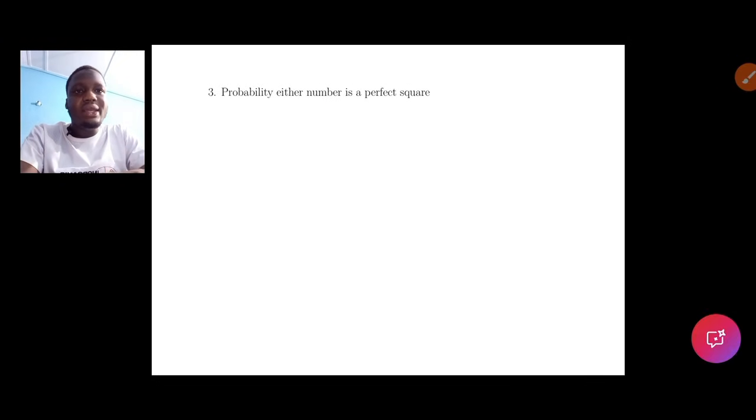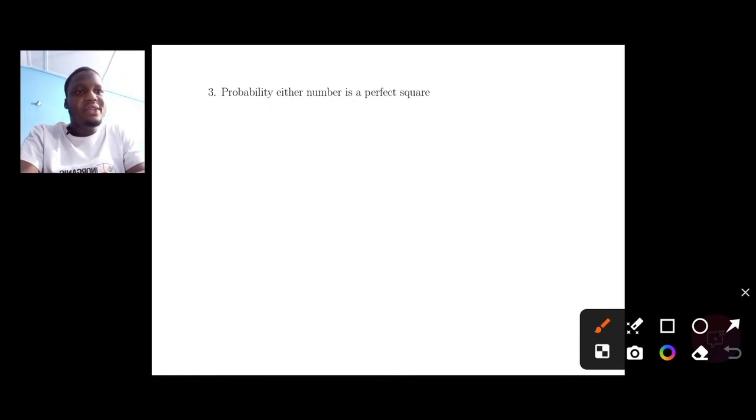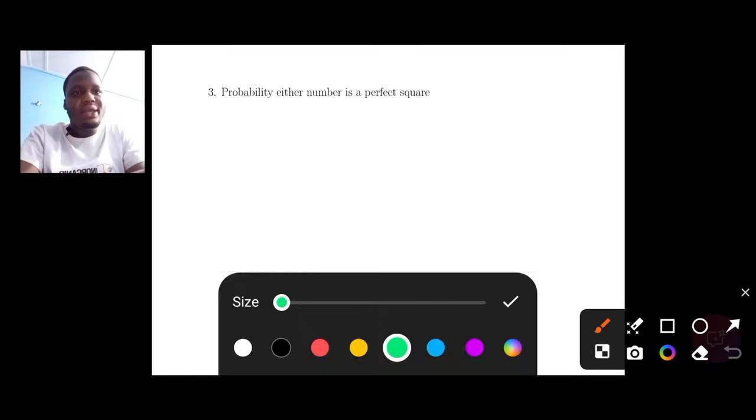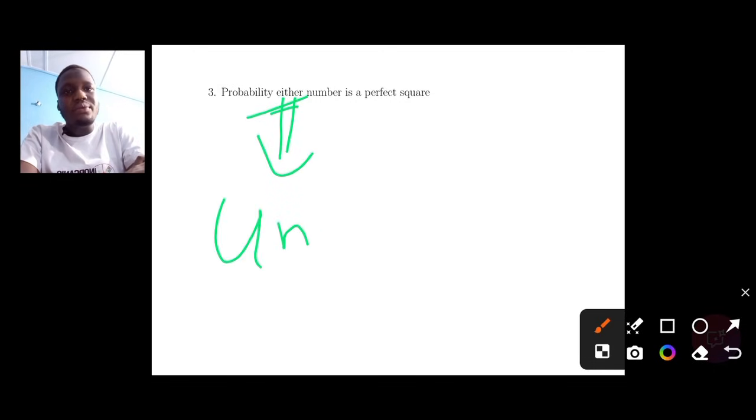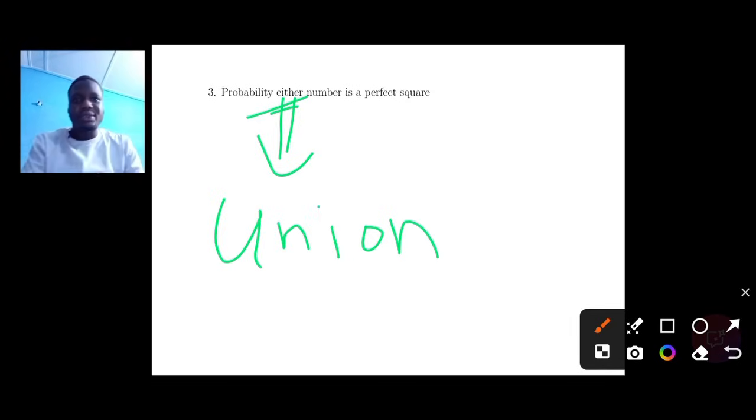Probability that either number is a perfect square. We also have a new probability term here, either. So when you see either, it relates to union. So know this probability language, okay? Yes, we saw at least one. It was related to complements.